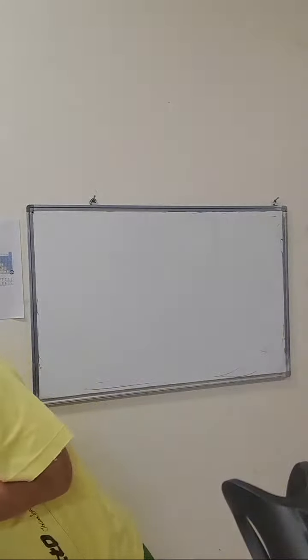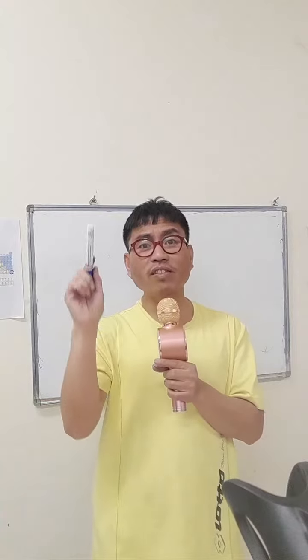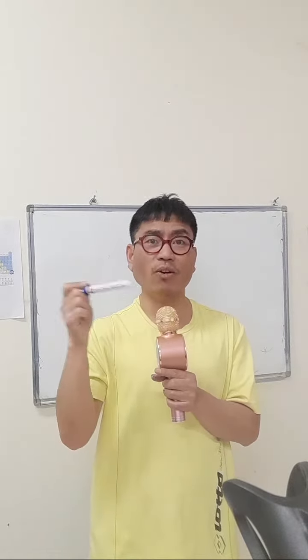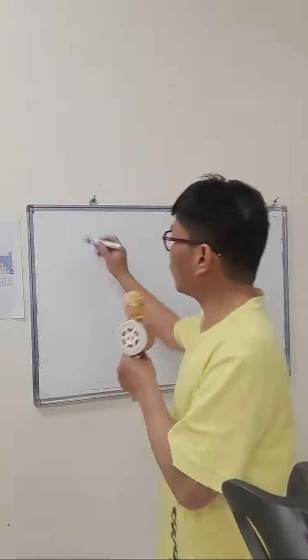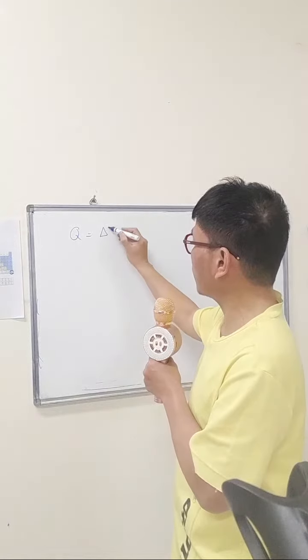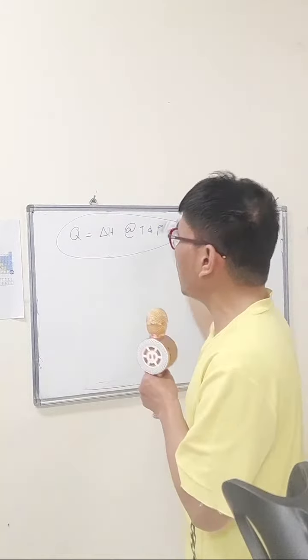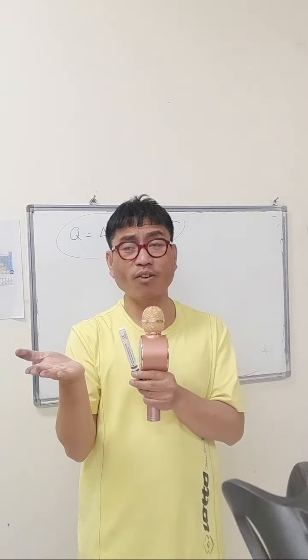But take note, this is another thing, not really a formula or equation, but theory. At constant temperature and pressure, your heat content will automatically be equal to the change of enthalpy, delta H. Q will be equal to delta H at constant temperature and pressure, automatically. That's why some problems will ask for the delta H, and it's awkward for the students.